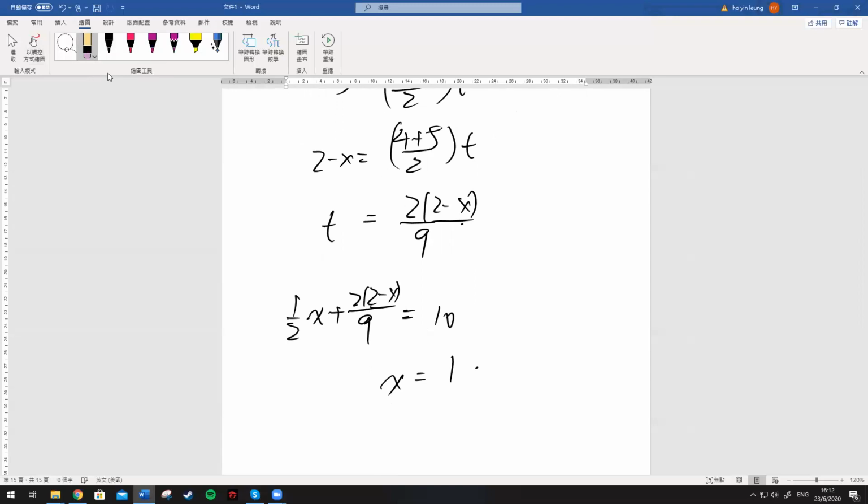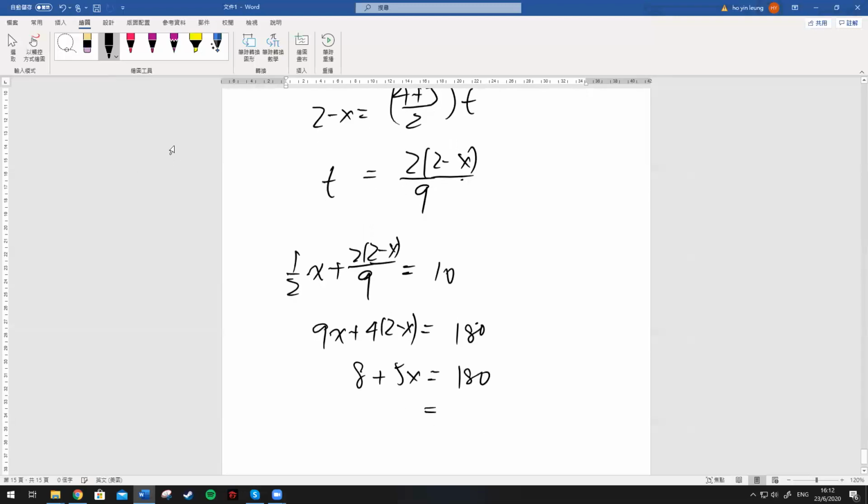So you can solve for the x here. You can multiply by 18. We have the right hand side to be 180. The left hand side is 9x plus 4 times (2 minus x), so this one is 8 plus 5x equal to 180.